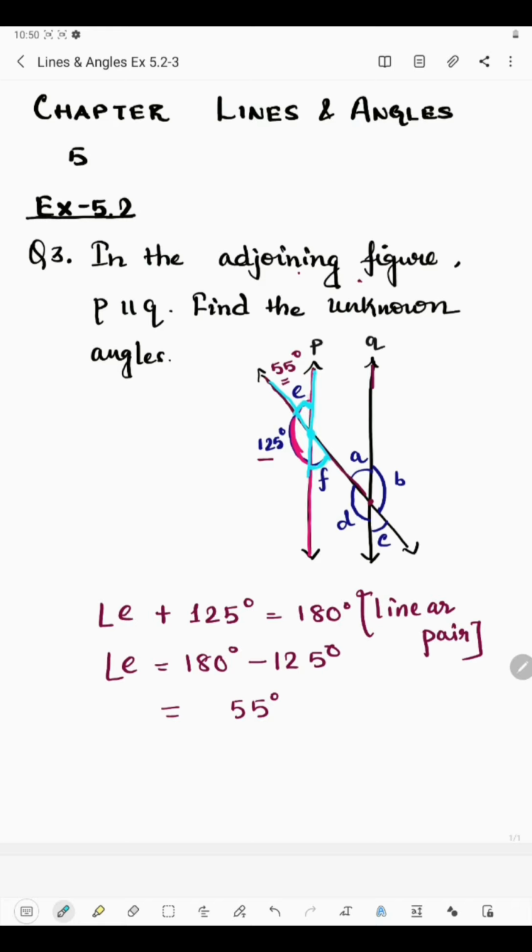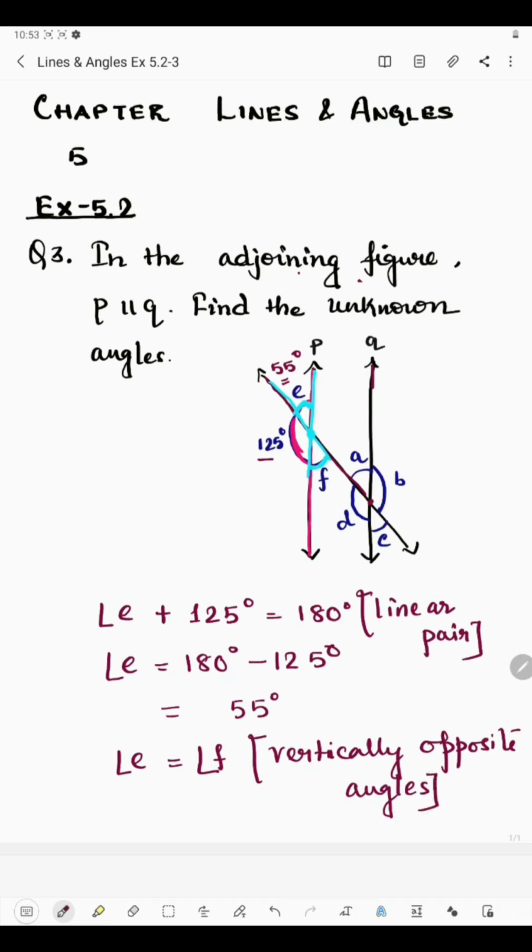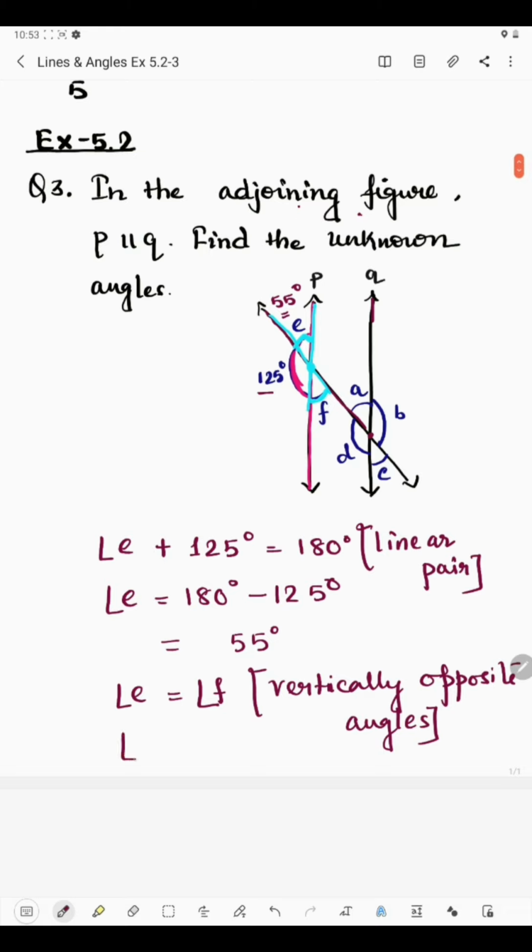So here angle E will be equal to angle F because these are vertically opposite angles. Since angle E is equal to 55 degrees, angle F will also be 55 degrees. So we'll write angle F is equal to 55 degrees.